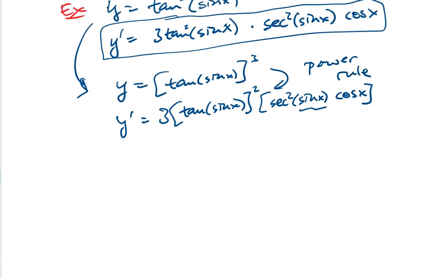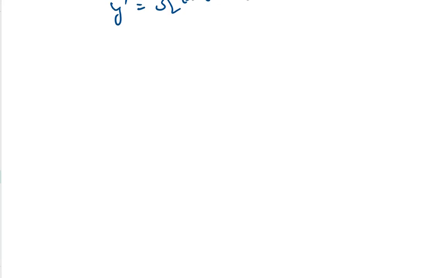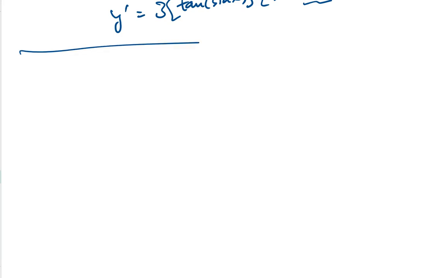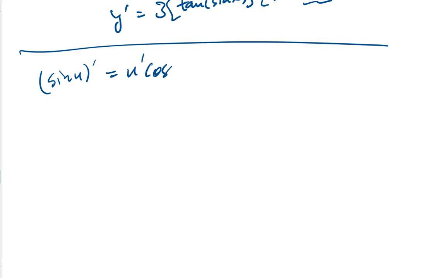All right, so I want to write some general facts down that will make this a lot easier in general. And I noticed that my Cal 2 students really benefit from this. If you have sine of u, and you want to take the derivative, now all these derivatives are with respect to x, this is u prime cosine of u.